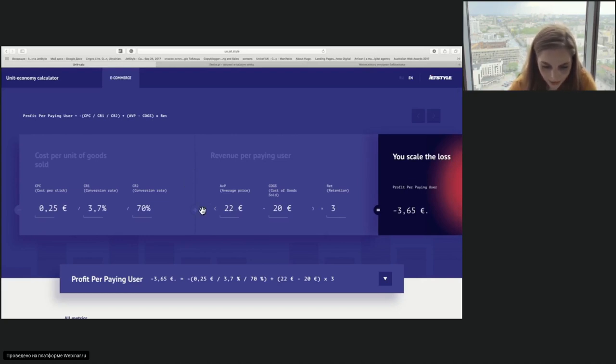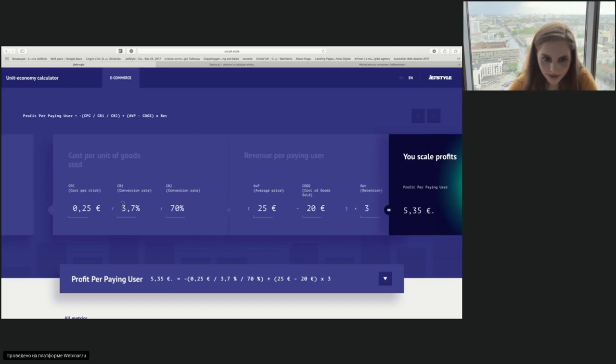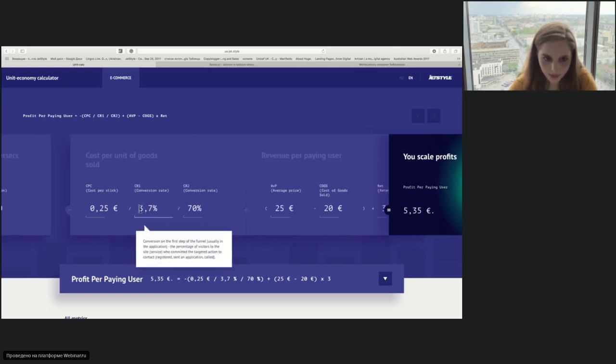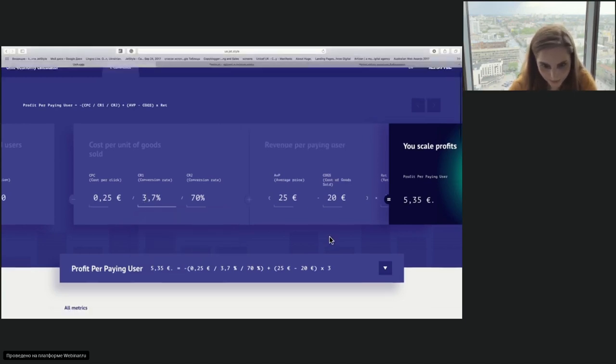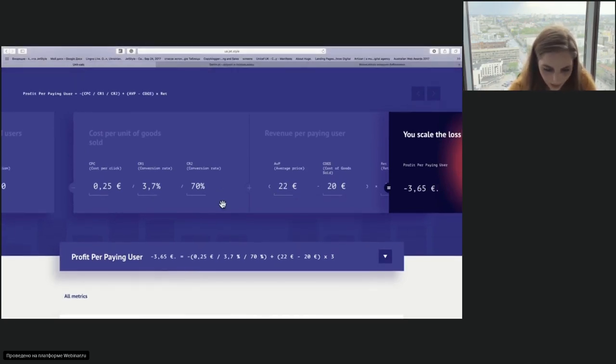But the market will not allow us. If we increase these prices, we will make profit, but this number will be like 0 and no one will buy. So this story can happen. Let's return. Okay, we'd lose the whole business.